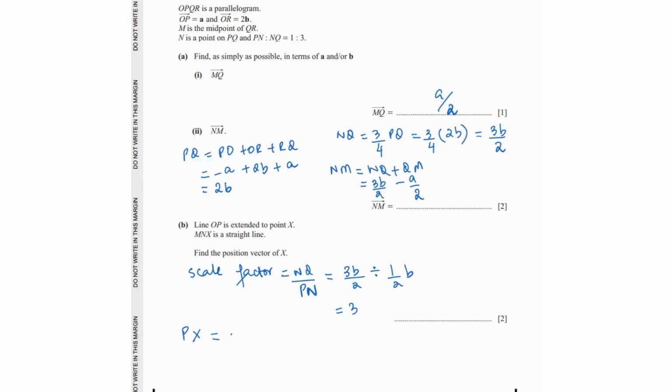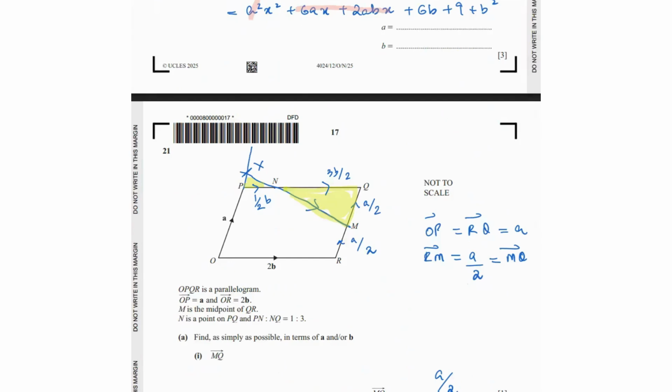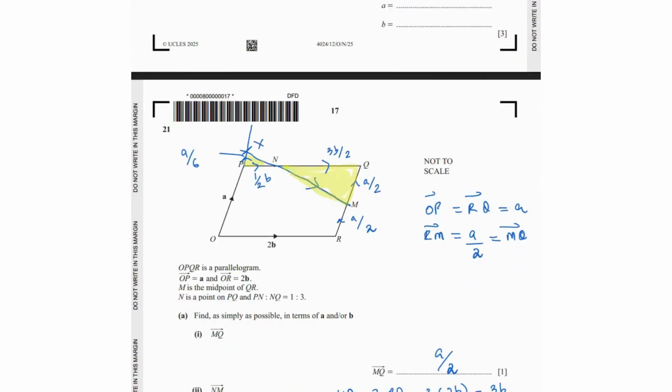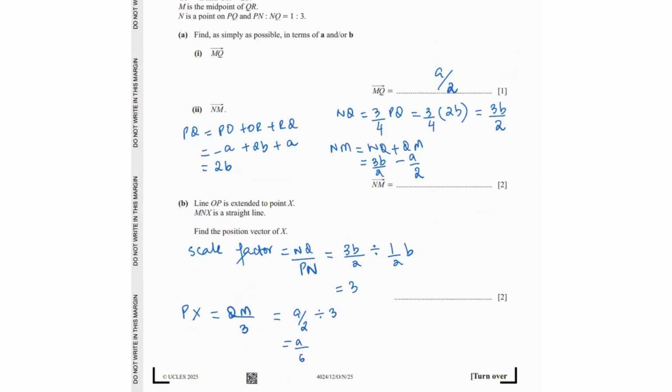So for PX, we divide QM by 3. QM was A over 2. That's A over 6 now. So OX is going to be A plus A over 6. So that's 7A over 6. That is your position vector for point X.